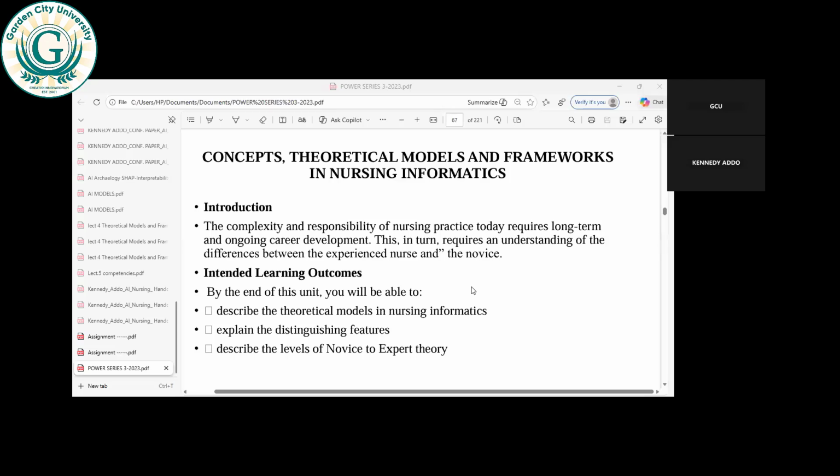This in turn requires an understanding of the differences between the experienced nurse and a novice. By the end of this unit, students should be able to describe the theoretical models in nursing informatics and explain the distinguishing features.